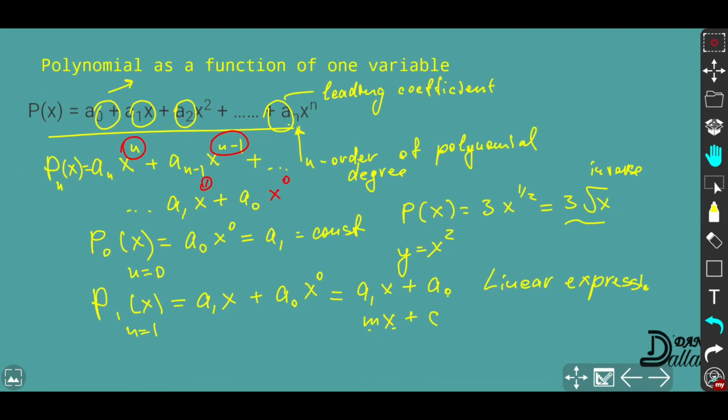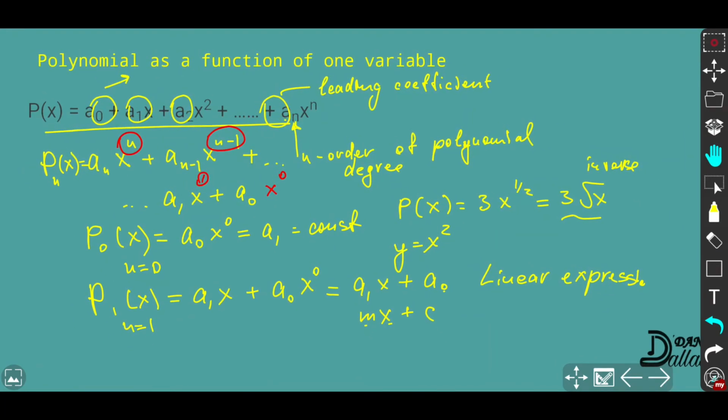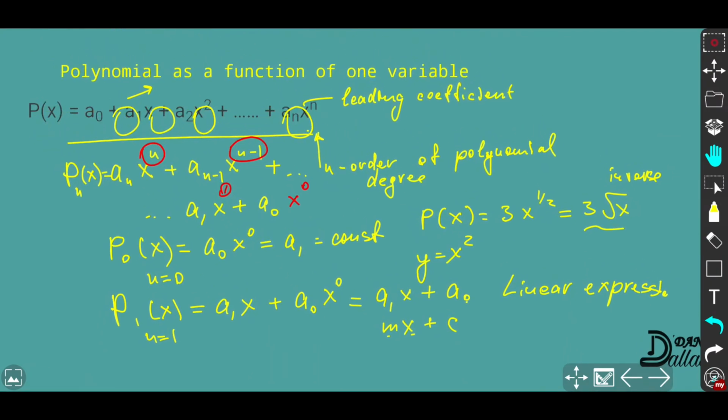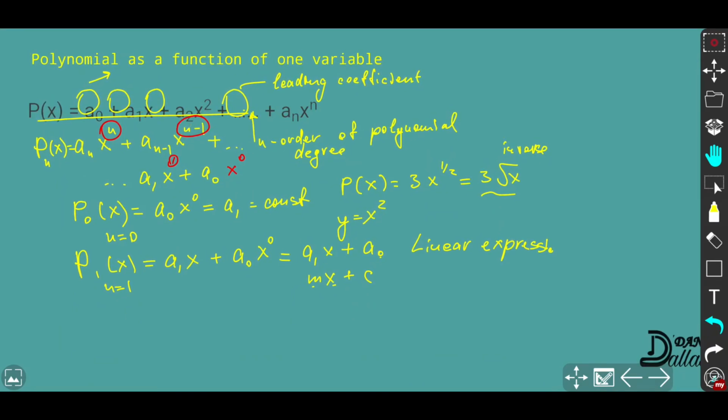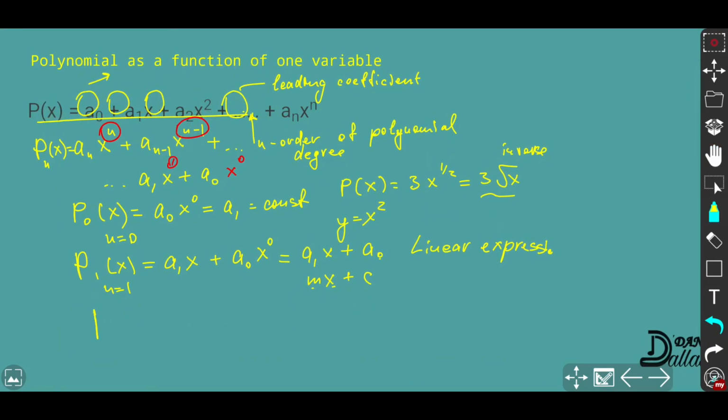More examples. For example, let's take a quadratic one, so p2 of x. Again, in the general formula, you put n equals 2, and you'll get a2 x squared, that's the leading coefficient, plus a1x, and finally plus a0, okay?